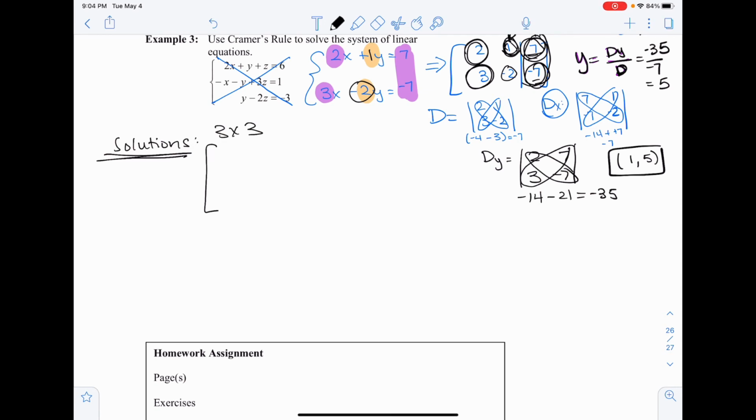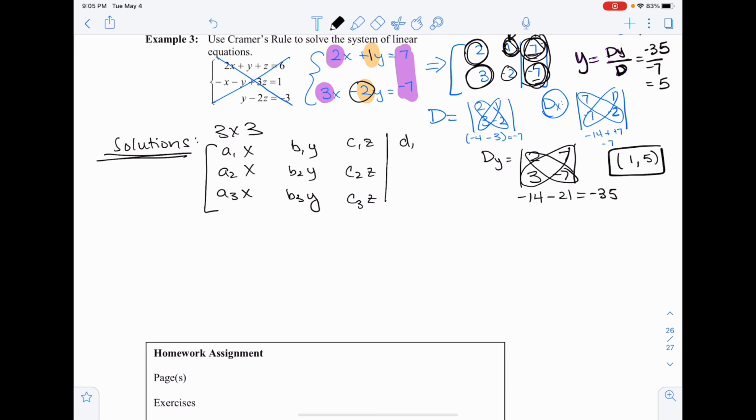We would say there's some coefficient a1x, a2x, a3x, b1y, b2y, b3y. So again, these are just the coefficients in the system of equations, and then you'd have your z terms, and then your constant numbers.